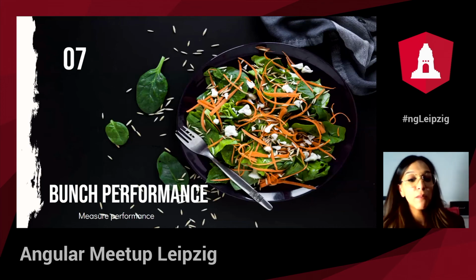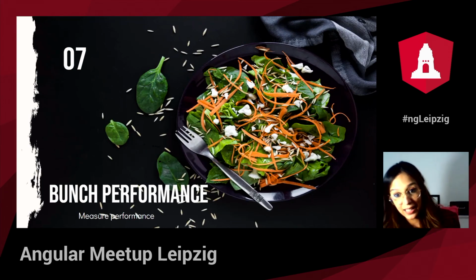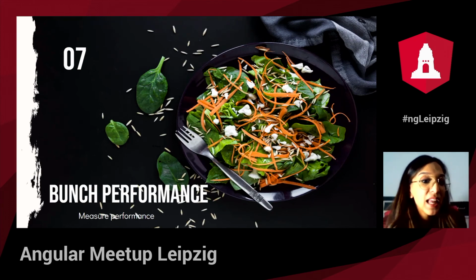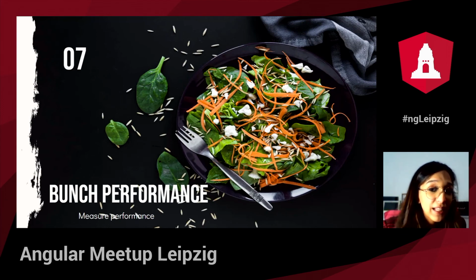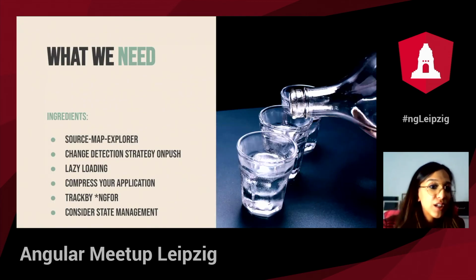Now, the next recipe is measuring performance, and here don't forget to manage the performance of your application. This is a very healthy recipe for your application. And here there are some ingredients.